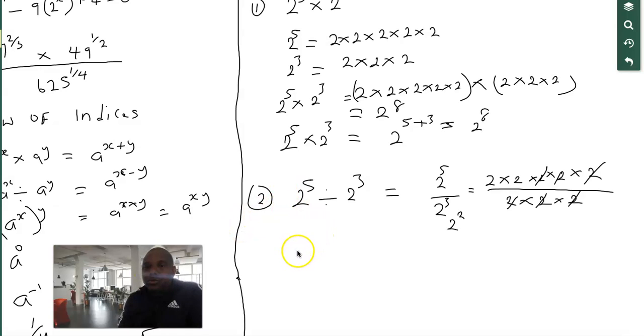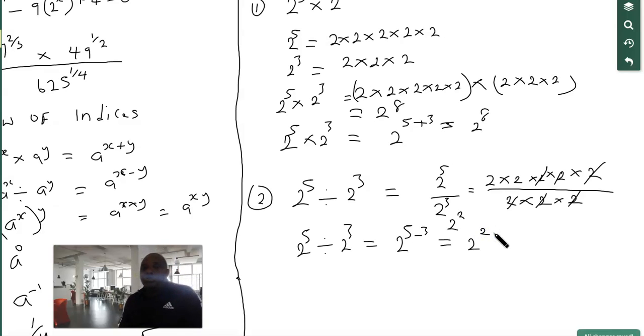This also means 2 raised to 5 minus 3 is equal to 2 raised to 2. So it corresponds with the normal way, the second law.